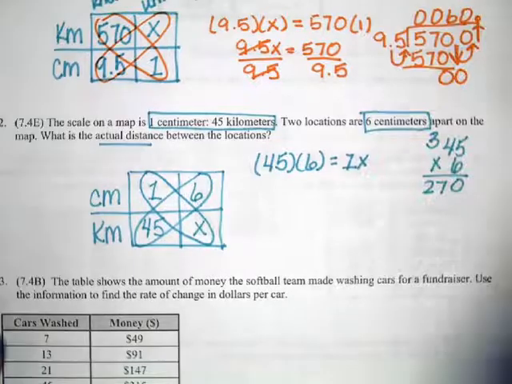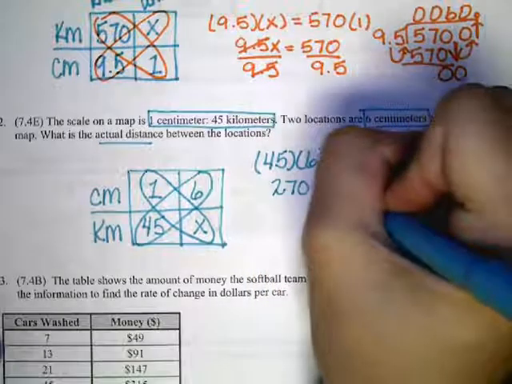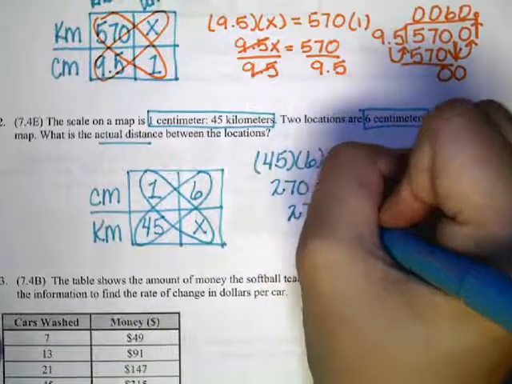So when we multiply, we get 270. 270 equals x, but our units are 270 kilometers.